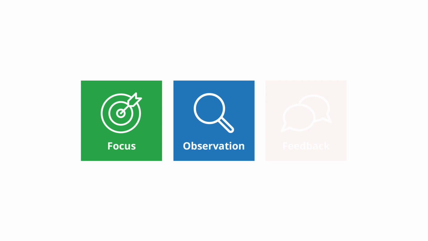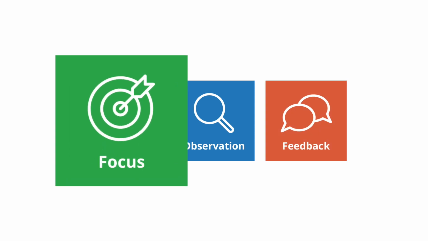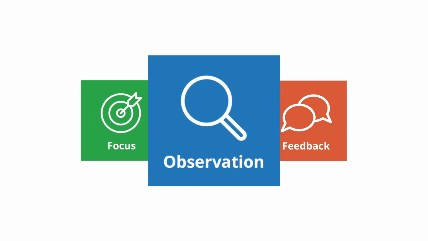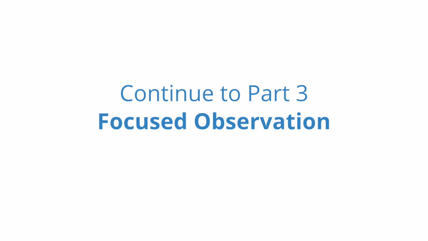Planning meetings can take many forms: short and casual, or longer with more depth. For each planning meeting, you should include these steps. Determine the focus of the observation. Decide when and how the focused observations will occur, and decide when and how the feedback sessions will occur. Continue to Part 3, Focused Observation.